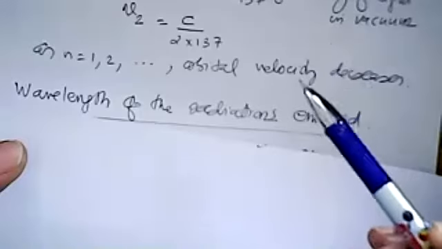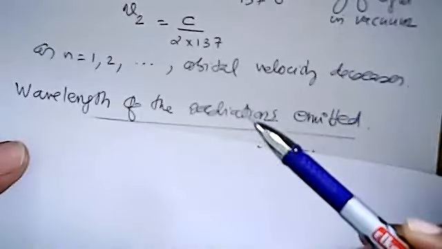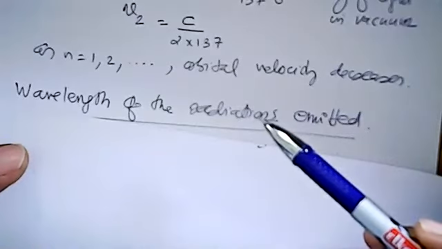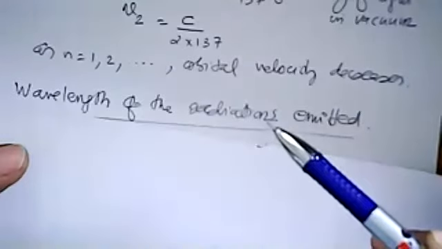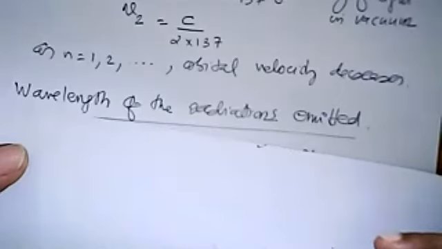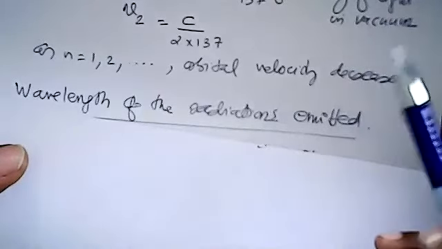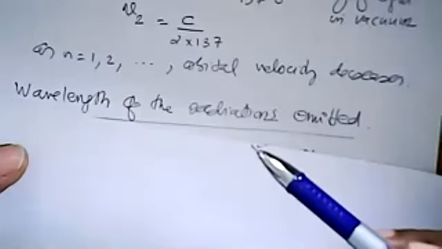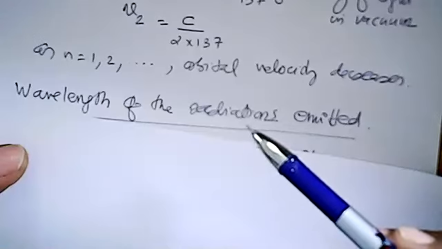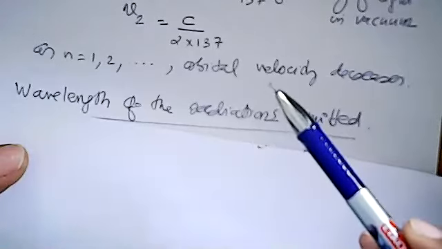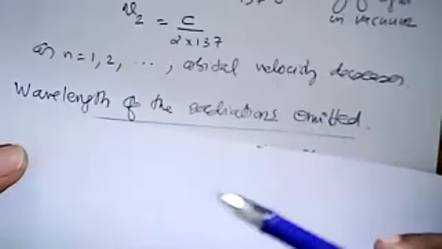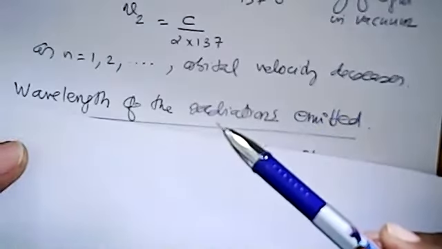Another postulate of Bohr is that energy is radiated when the electron jumps from a higher orbit to a lower orbit. So consider such a case. Let us calculate the wavelength or frequency of radiation when an electron jumps from a higher orbit to a lower orbit.